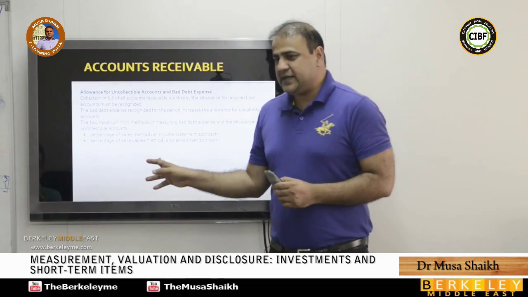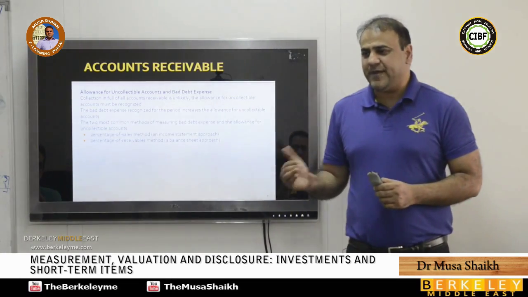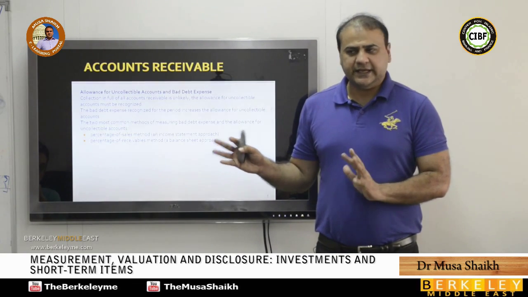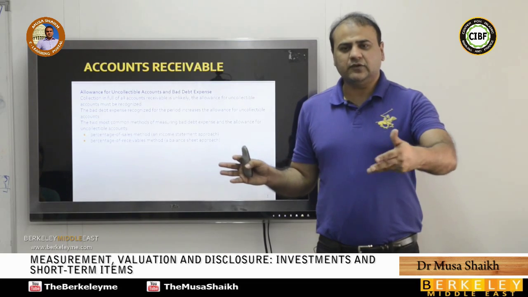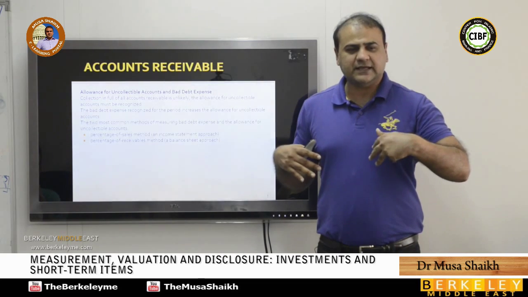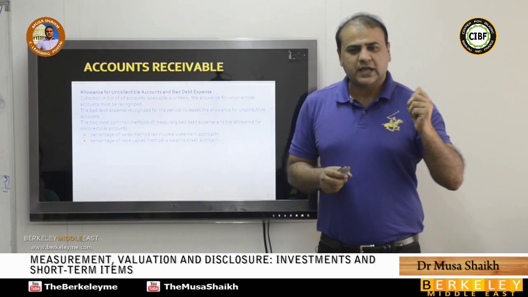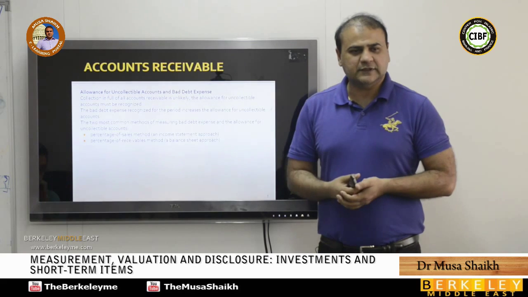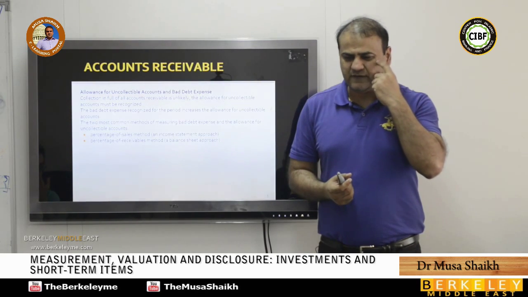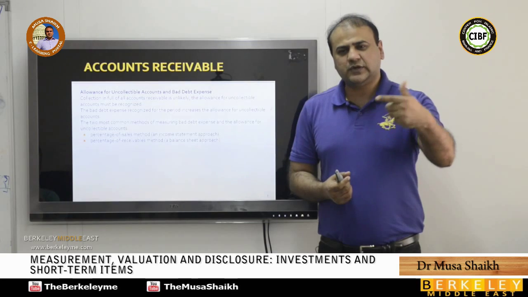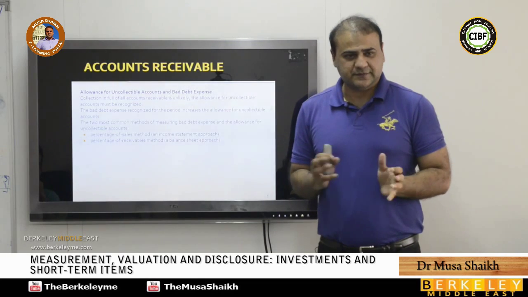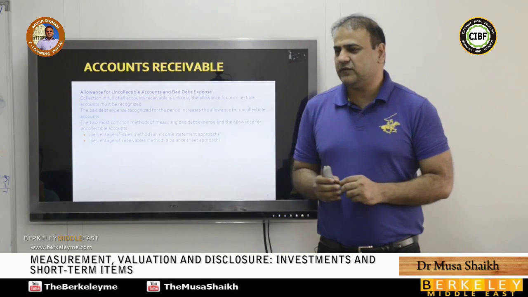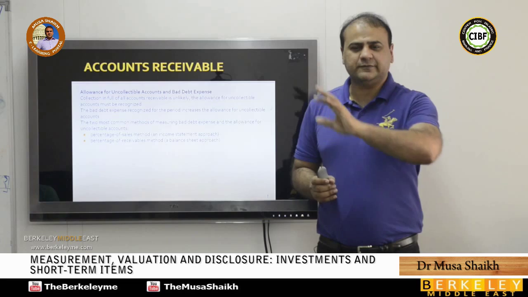He says there are 2 methods to put value on bad debts. One is very simple: you can take the income statement. If I'm the management and you are the CFO and you ask me how I see this year's receivables, I'll say let's take 5% of the total sales. This may be a formula, or maybe I can say 2% of all outstanding receivables.